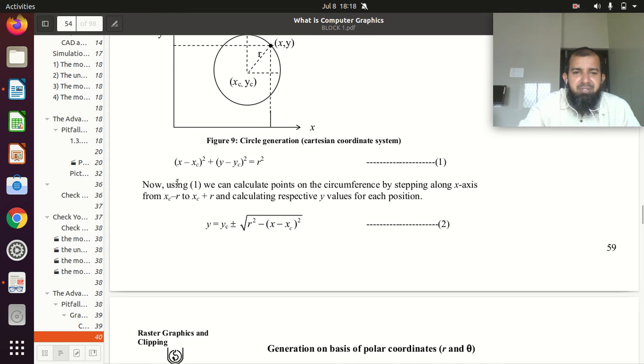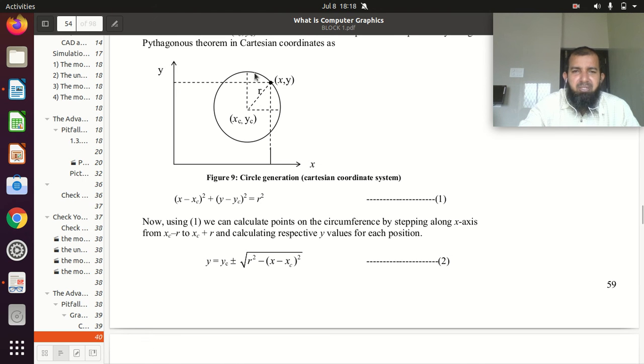Now using equation 1, we can calculate points on the circumference by stepping along the x-axis from xc minus r to xc plus r, and calculating the respective y values for each position. Based on this equation, we can calculate points on the circumference. There are many points out there: this is the first point, second, third, like this.